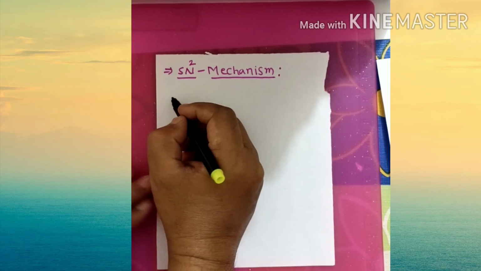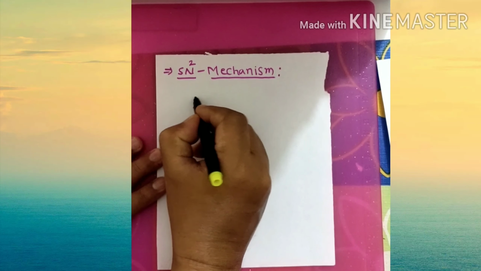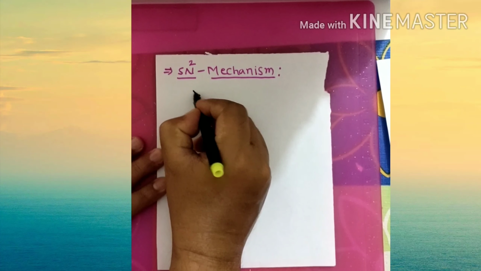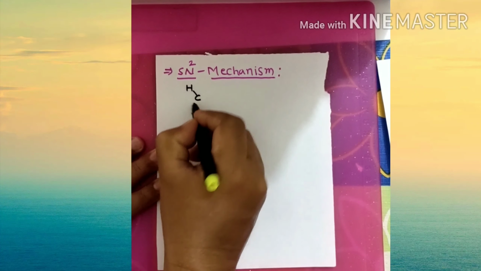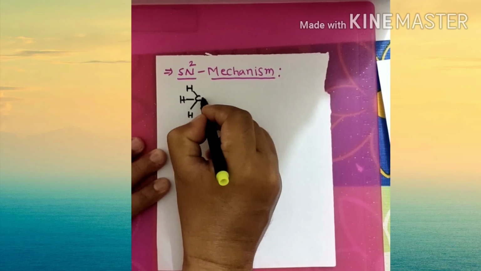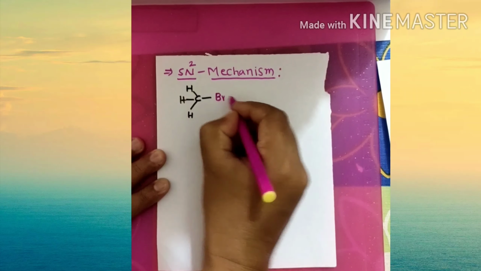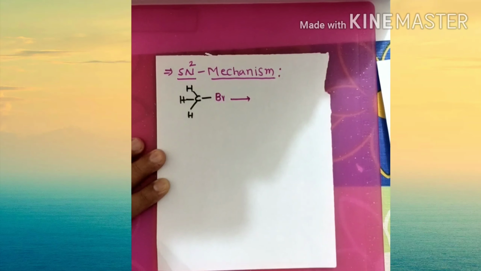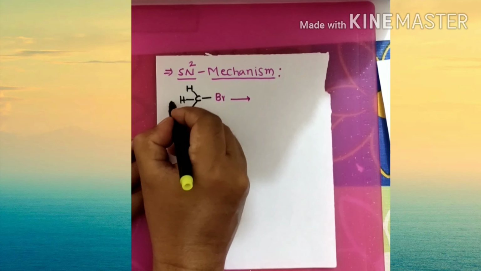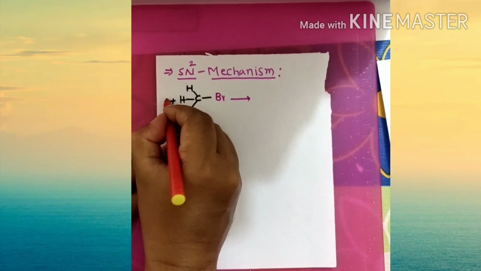Let me discuss. I am taking methyl bromide. In methyl we have three hydrogens. The bromide group I am taking as the leaving group. And this is attacked by the OH nucleophile.